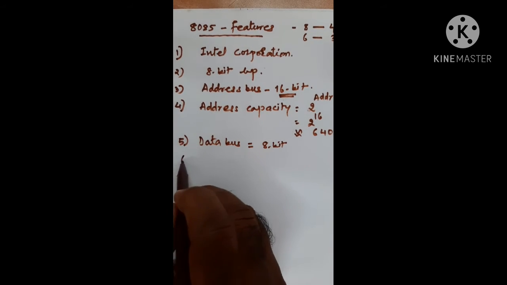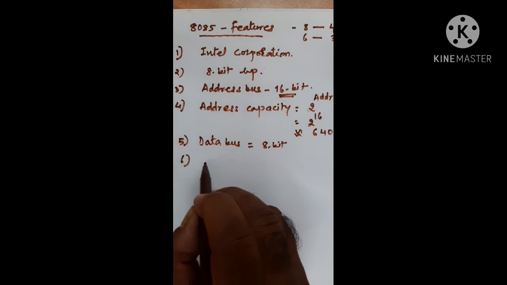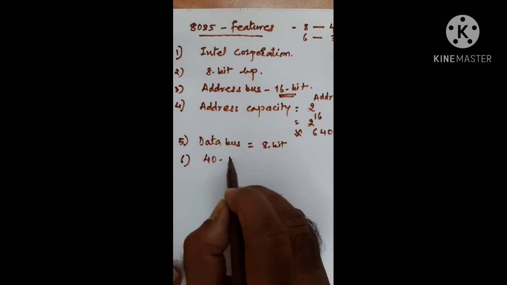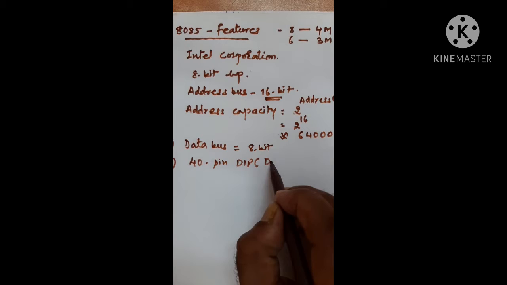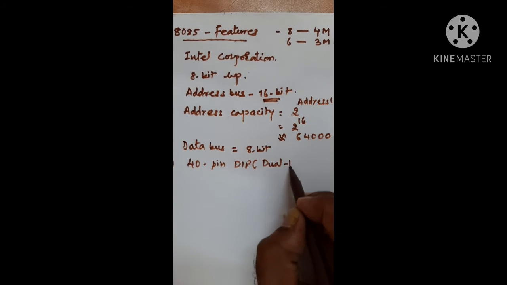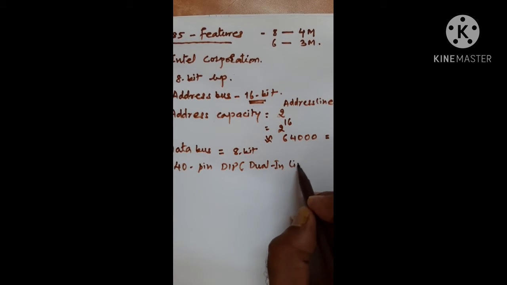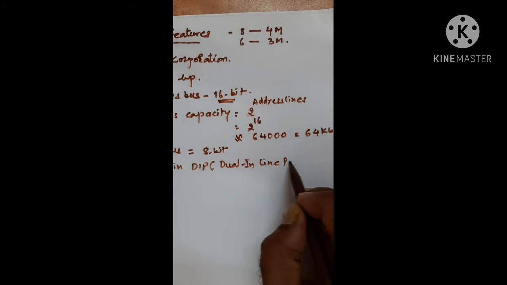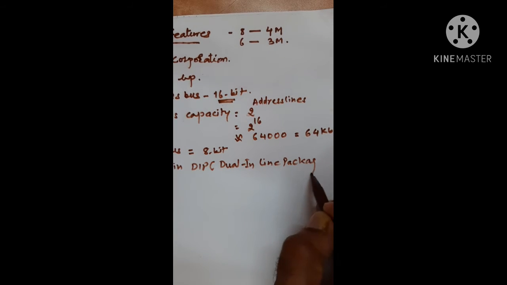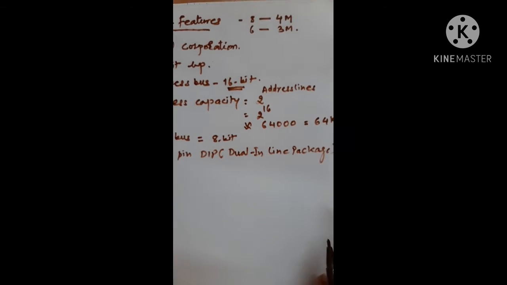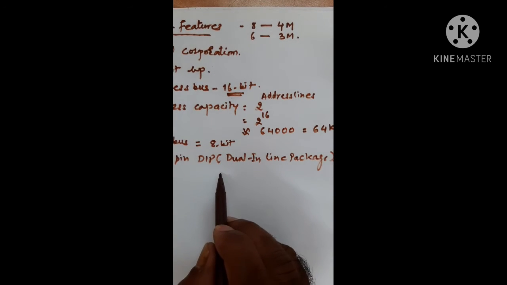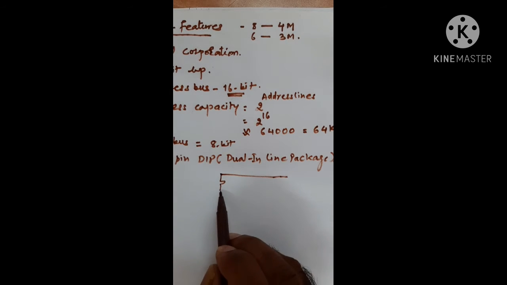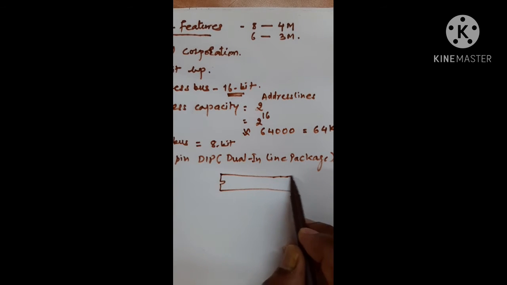Number 6, it is available in 40-pin DIP. Full form is dual in-line package. DIP means, if this is the IC, last year we studied the IC pinout diagram for 7432, 7408, something like that.